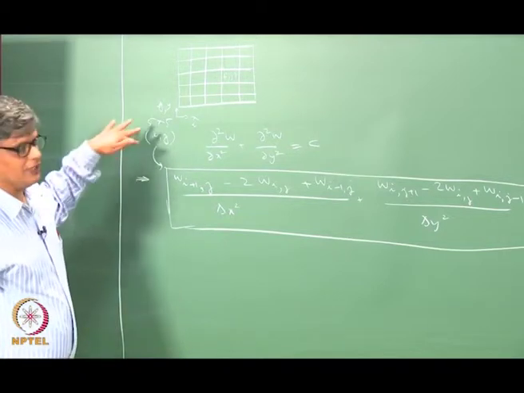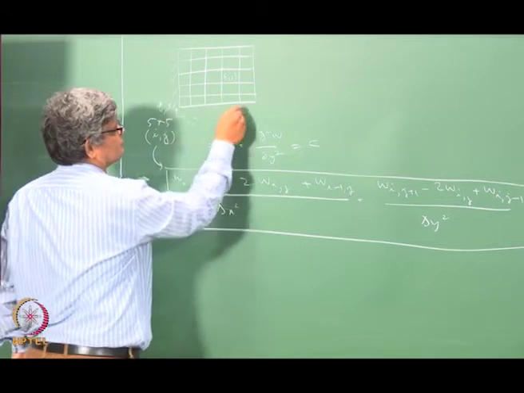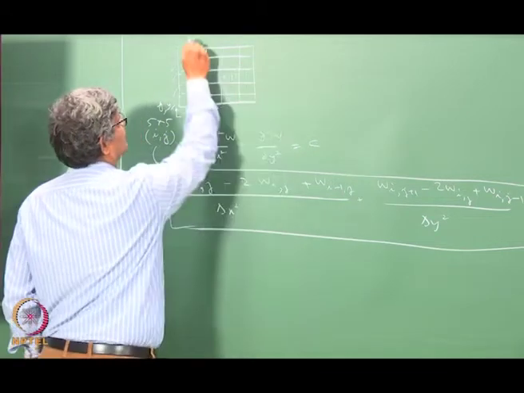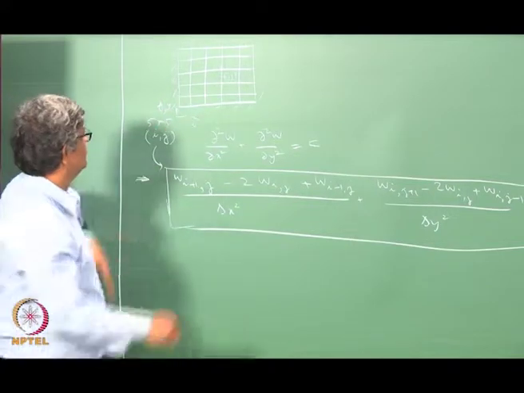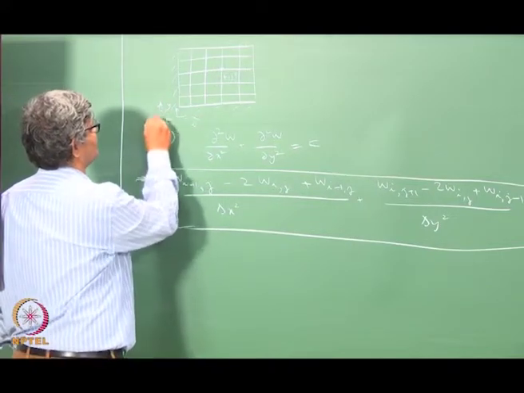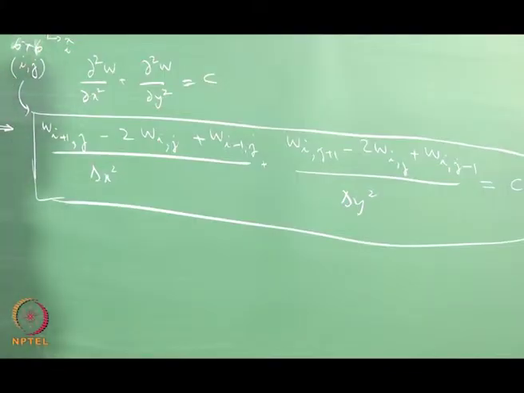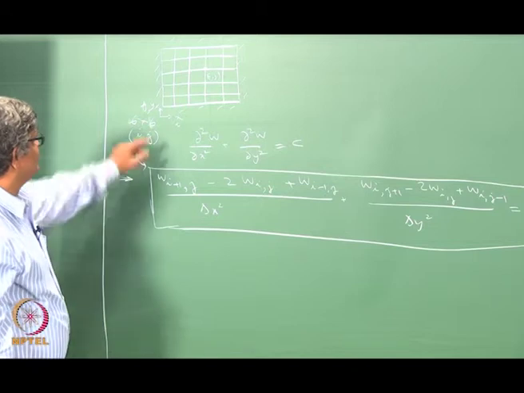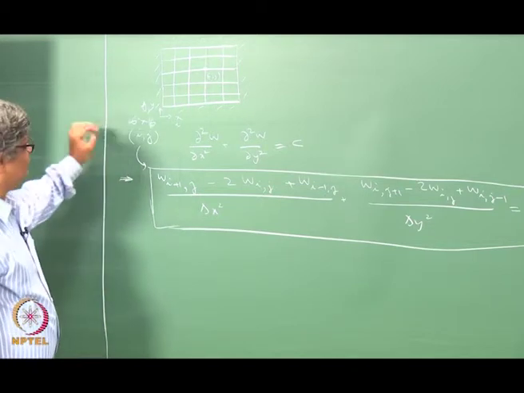So in this flow domain we have boundary conditions, and since we have 5 by 5 intervals, you have 6 by 6 points at which we have the grid points.